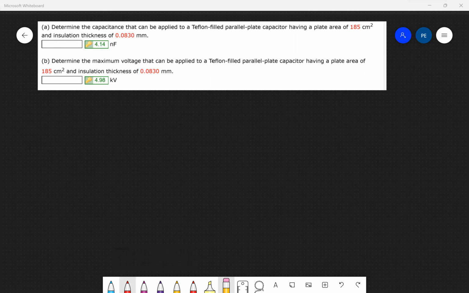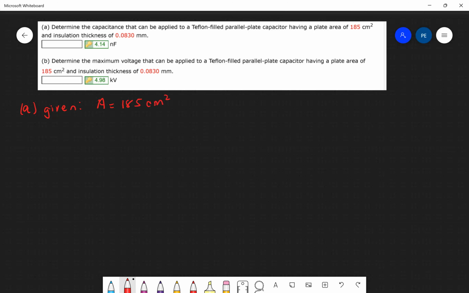So in part A, we are given that the area of the plates is equal to 185 centimeters squared.